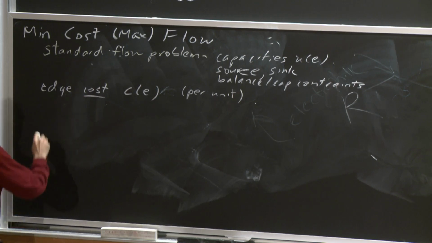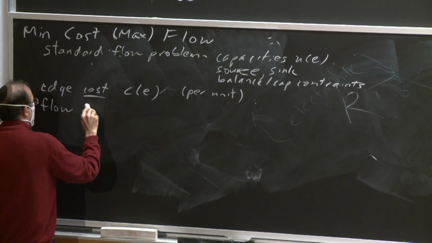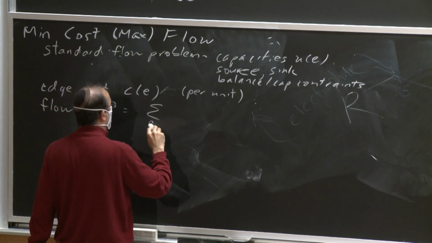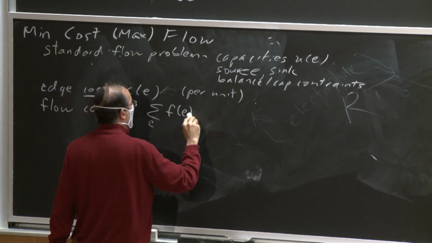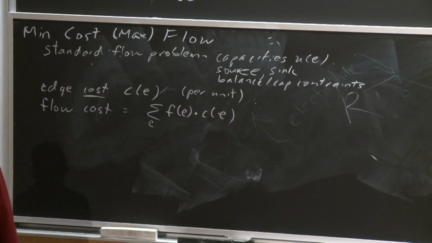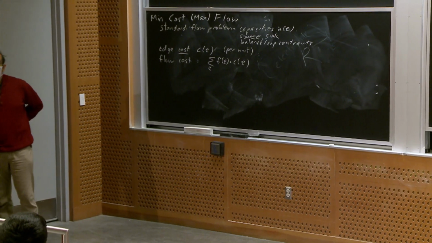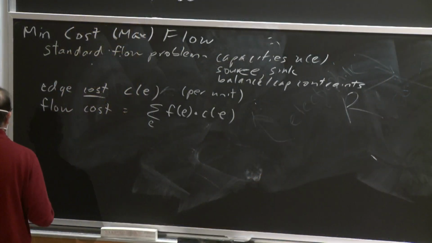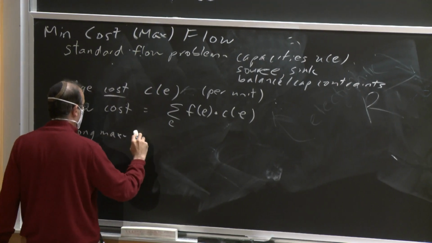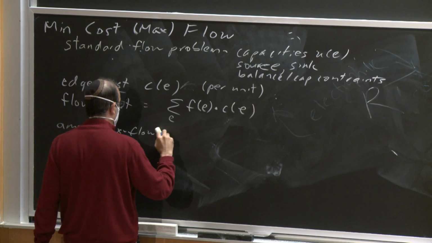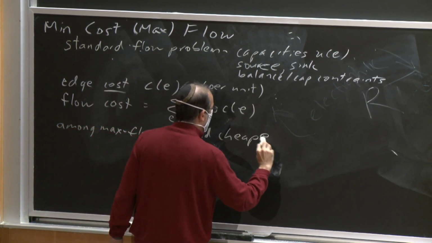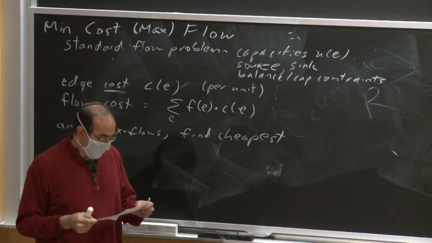Once we've defined edge costs, we can define the flow cost to be the sum over all of the edges of the flow on the edge times the cost on the edge. And the min-cost flow problem simply says that among all the max flows, you want to find the cheapest one.